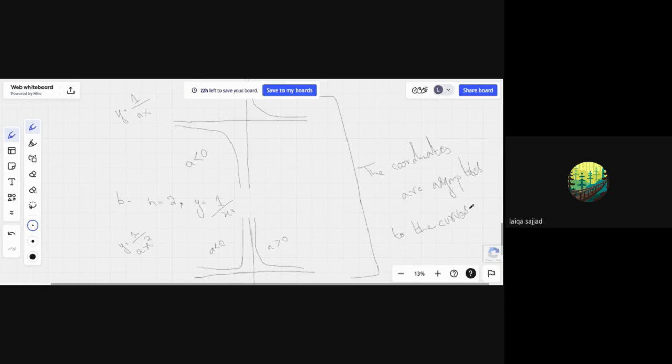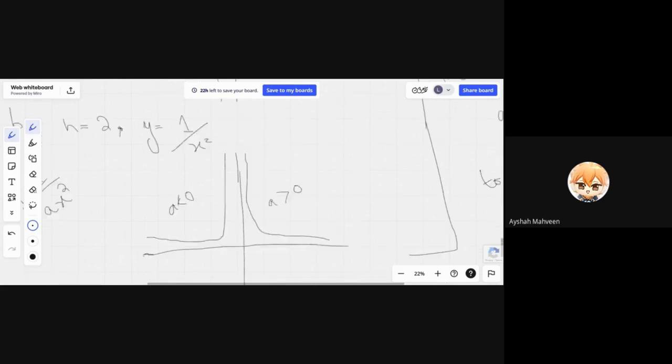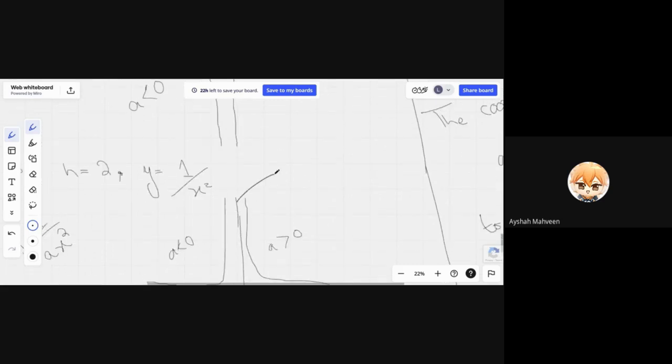And the asymptotes can be vertical or horizontal as well. Which of the coordinate axes will be a vertical asymptote and which will be a horizontal asymptote? This is a vertical asymptote.